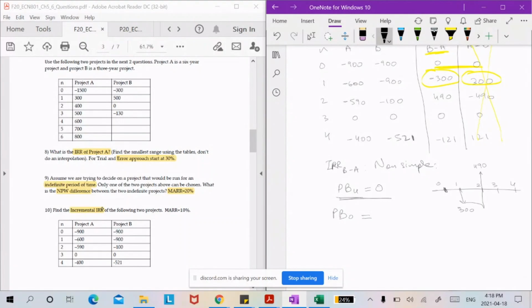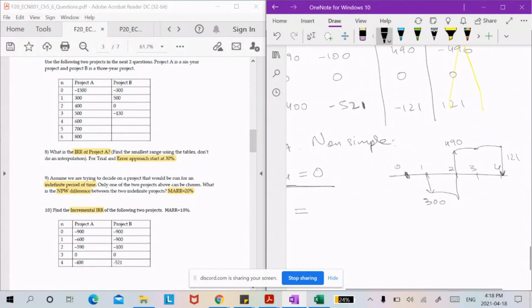And it gets affected by the MAR right here. It will be at this point. Then again, it gets affected by the MAR twice. It would be at this point, and then there's a negative 121 to bring it back to 0. This is the 121. So this is how the cash flow would look.